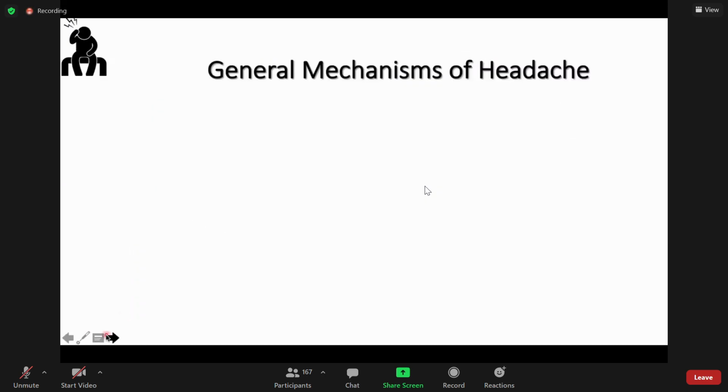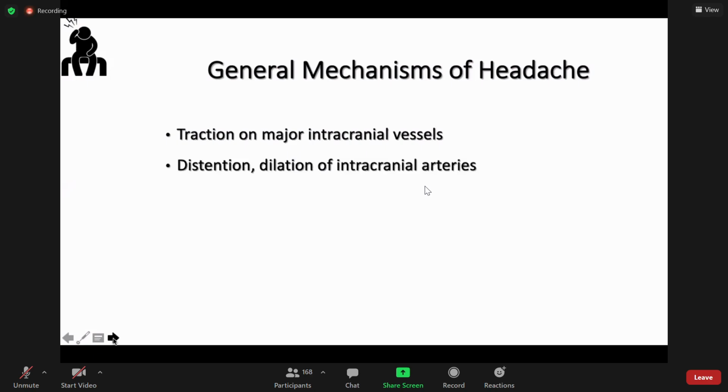Now, the general mechanisms of headache. We can see that traction on the major intracranial vessels causes pain; these were all tested when a person was having brain surgery while awake. Traction on the major intracranial vessels at the base of the brain causes pain, as does distension and dilatation of the intracranial arteries, which sometimes happens during migraine.